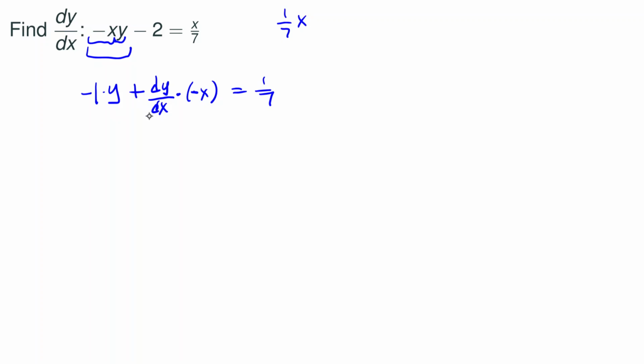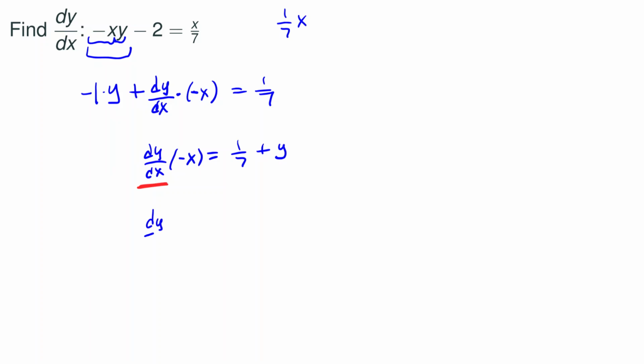So our goal is to solve for dy/dx here. So let's add y both sides. So we have dy/dx times negative x equals 1 over 7 plus y. And then we need to solve for dy/dx, so I'm going to multiply both sides by 1 over negative x.